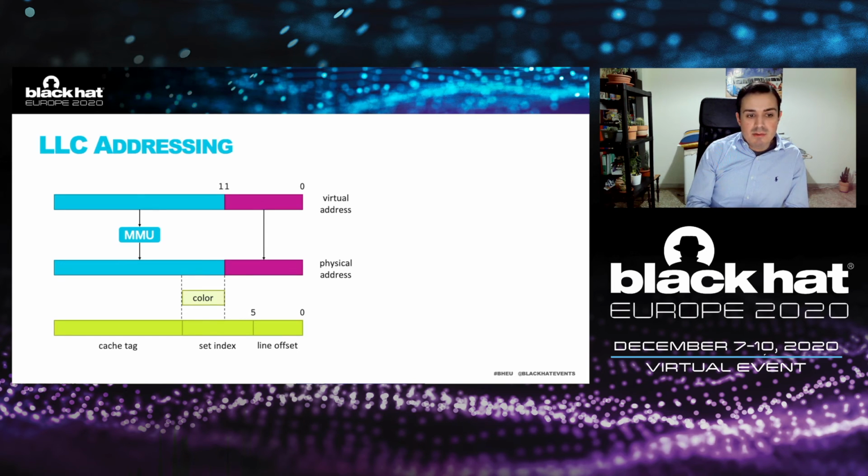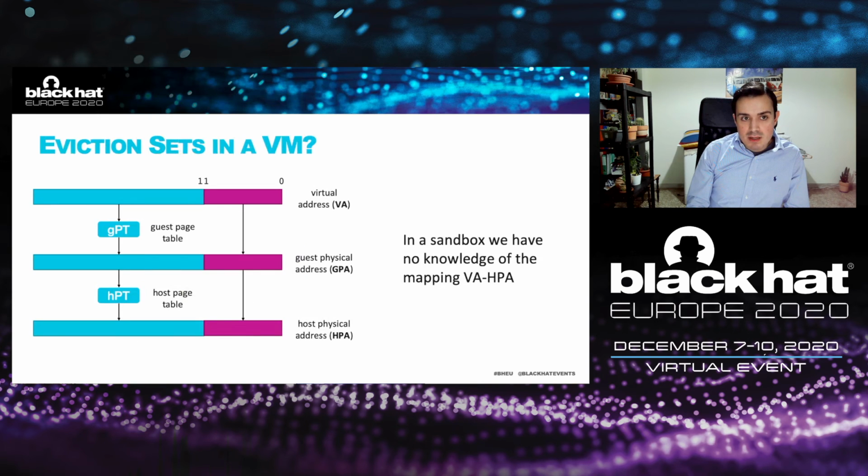And the slice is also determined by the cache tag. But the point is that inside the VM, you have a further level of indirection. Even if you know the correspondence between the virtual addresses and the physical addresses that are available to the guest operating system, there is this extra level of indirection because guest physical addresses need to be translated to host physical addresses, and those HPAs are the addresses that you use for indexing your cache.